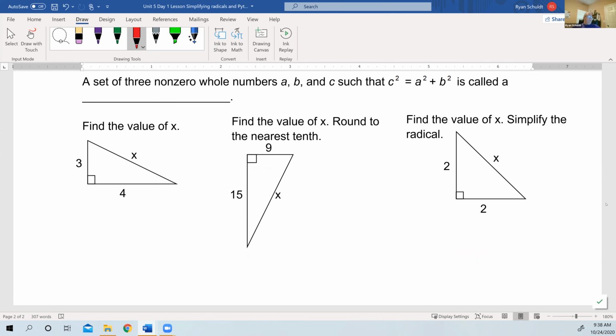Before we do that, though, we need to talk about something that's called a Pythagorean triple. A Pythagorean triple is a set of non-zero whole numbers where A squared plus B squared equals C squared. There's no decimals in a Pythagorean triple. There's no square roots. They're all whole numbers.